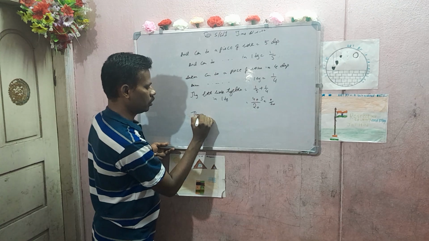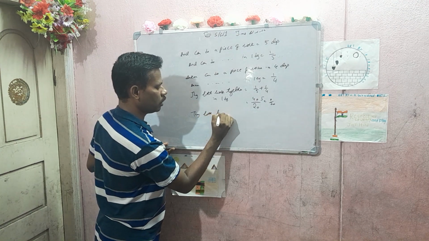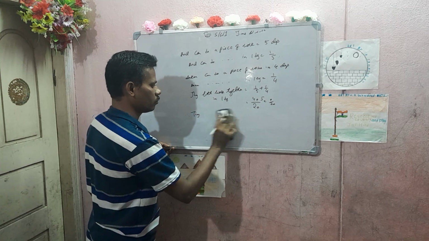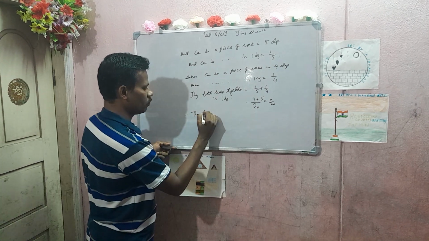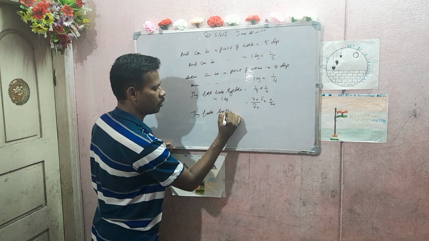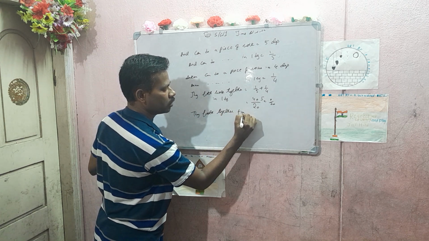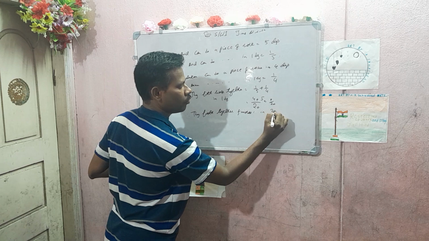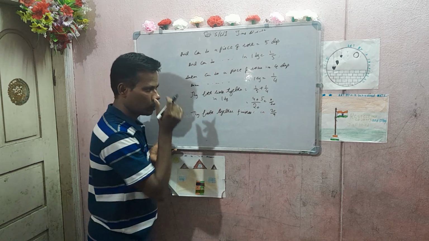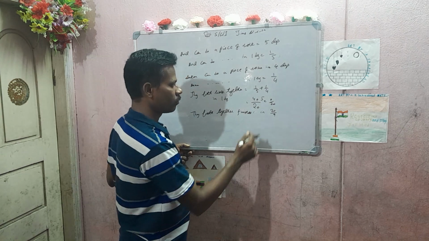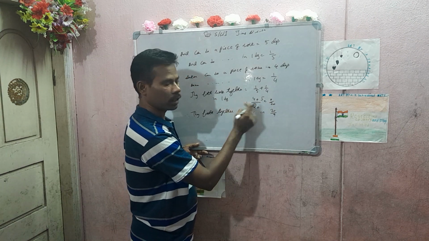Therefore, they both together finish in what? 20 by 9. Just reverse, 1 divided by it again. This is 20, this is 1 day. So how many days?